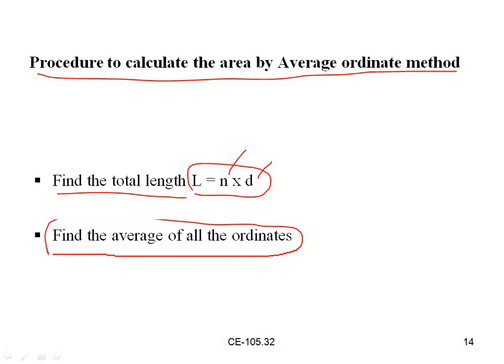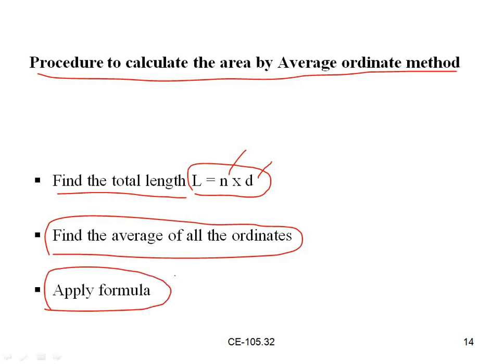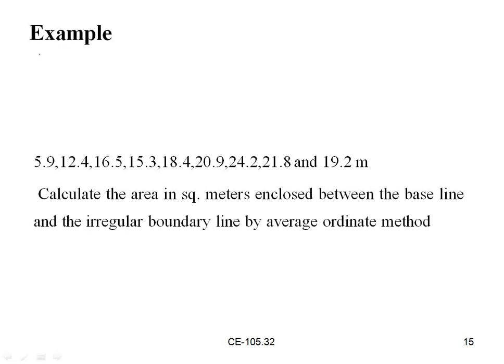We have to find the average of all the ordinates compulsorily, and apply the formula. Then we will get the correct answer. So first of all, to find the total length we have to know the number of divisions and the distance between the common ordinates. So let us see an example.